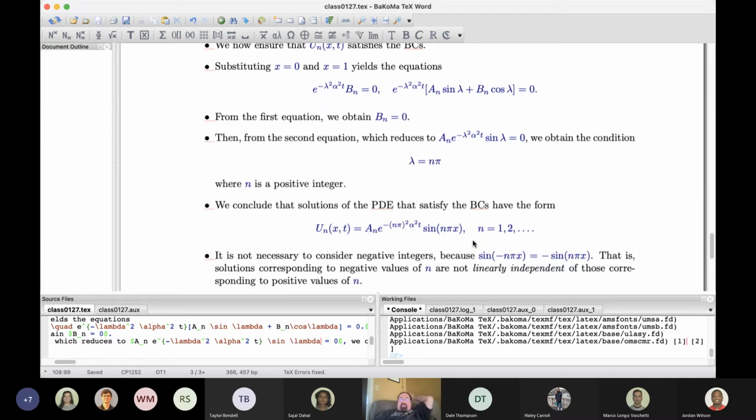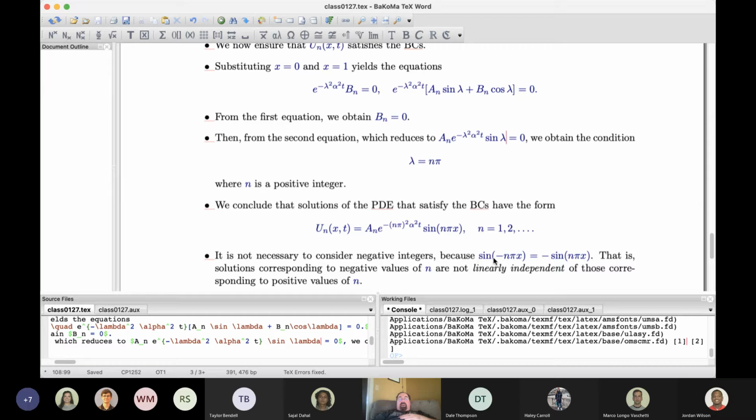The reason why is we take sine of minus n pi x. Sine is an odd function, so that's the same as minus sine n pi x. In other words, if we let n be any non-zero integer, we'd have solutions that would be negatives of one another. They don't make any contribution because they're not linearly independent of one another.